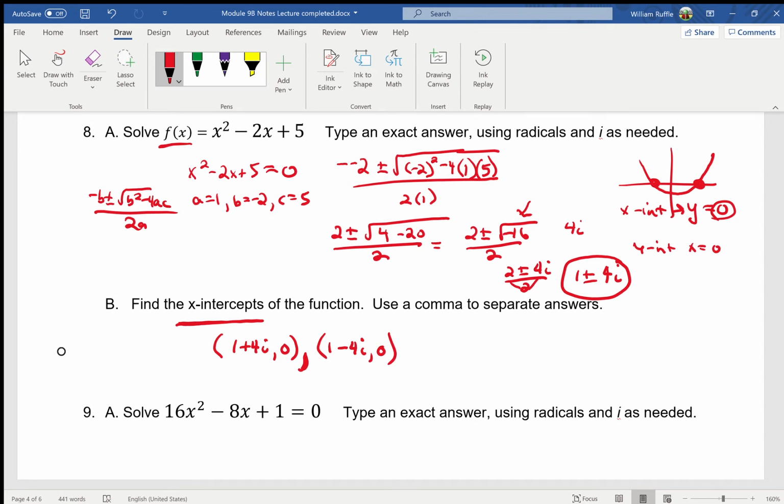The big thing on this, do not forget the comma. If you forget the comma, it's going to be wrong, and that's a weird comma to miss. The other way of doing this, to avoid typing that comma in the middle, is 1 plus or minus 4i, comma, 0. The computer usually takes that answer.